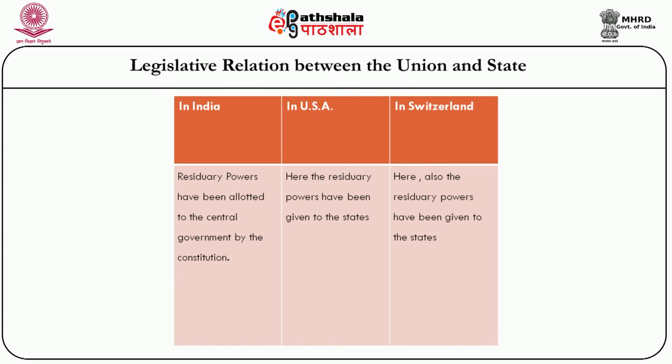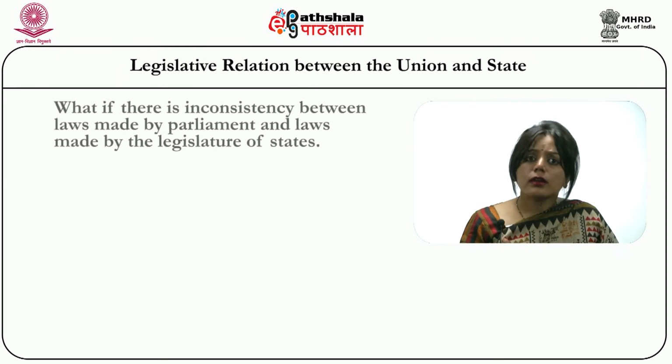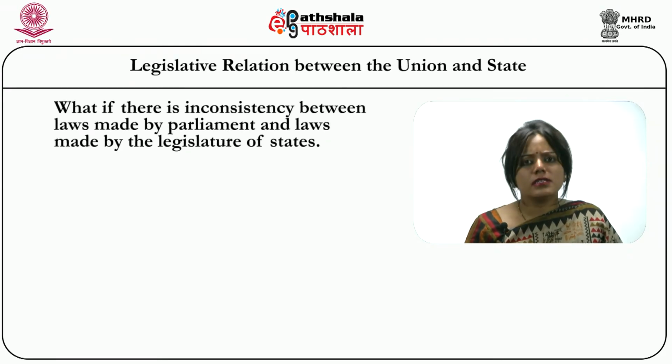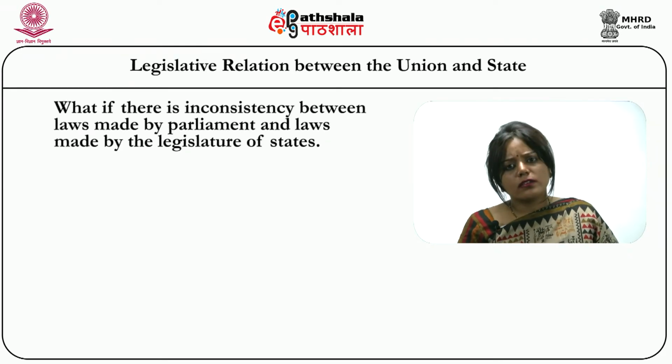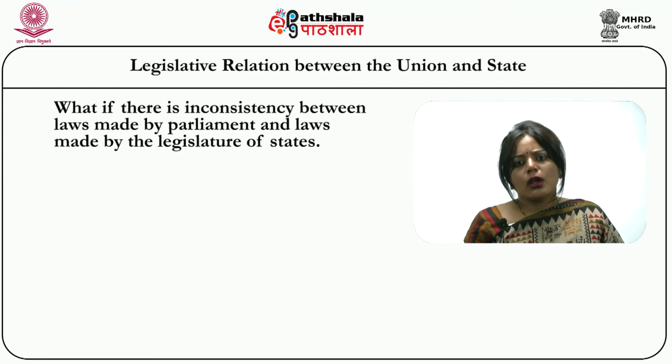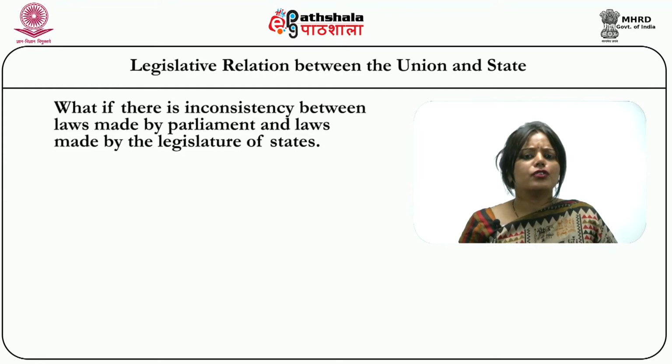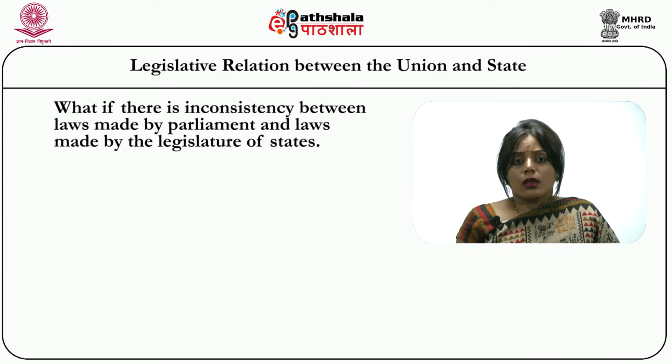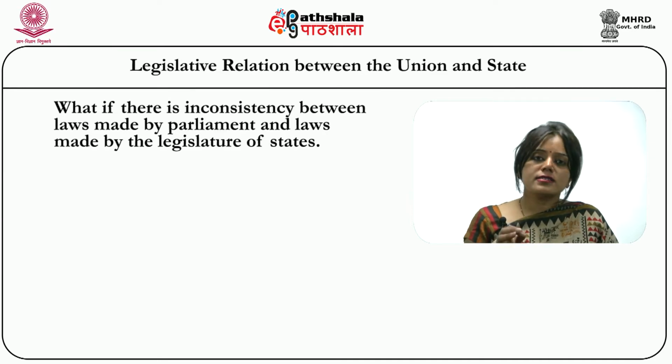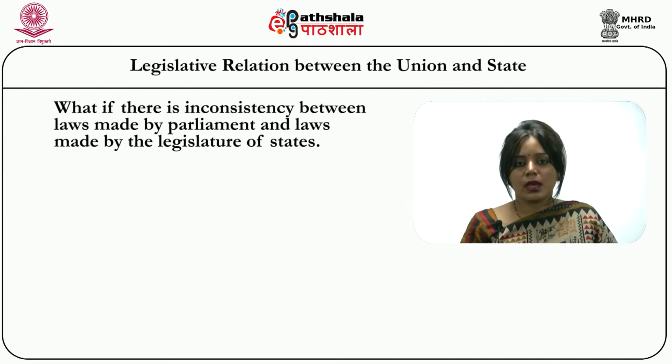So, as I gave you in the beginning a hint about the problem, the problem is: what if there is inconsistency between laws made by Parliament and laws made by the legislature of states? I will start with the situation.